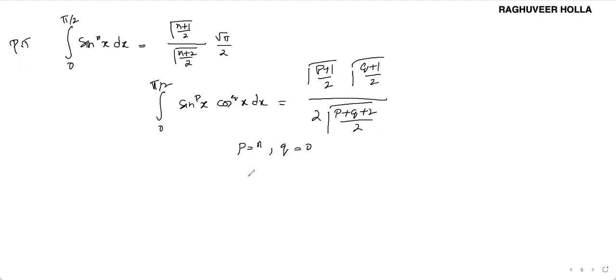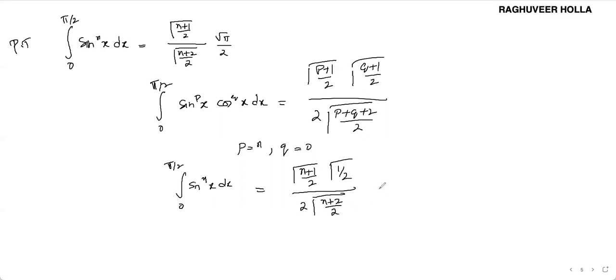On substituting, the integral from 0 to pi by 2 of sine power n x dx is equal to gamma (n plus 1) by 2 gamma 1 by 2 divided by 2 gamma (n plus 2) by 2.